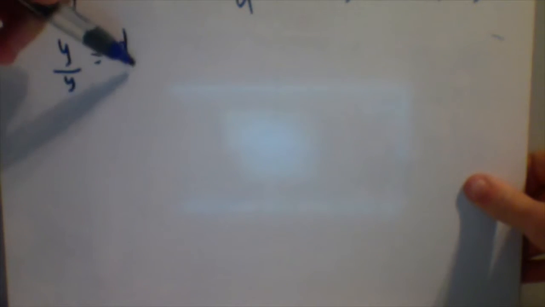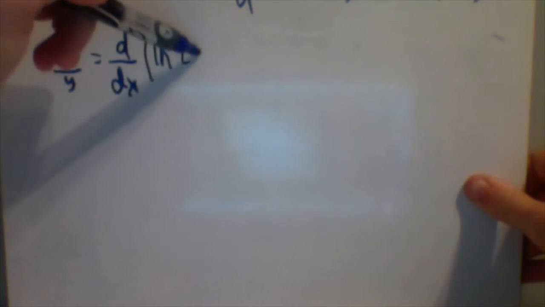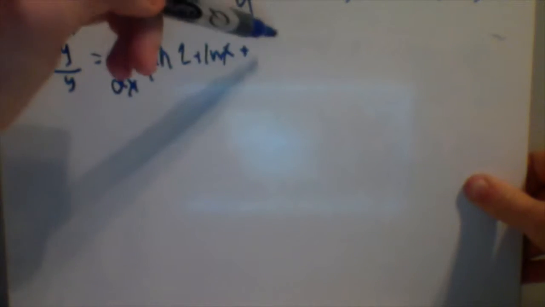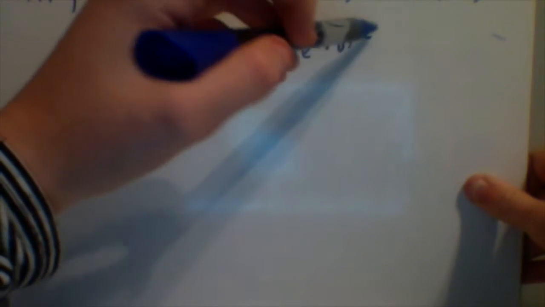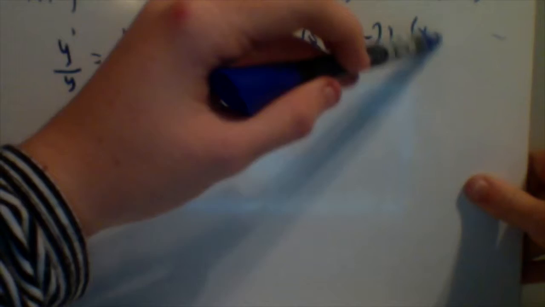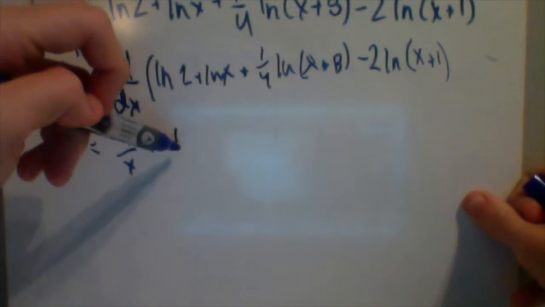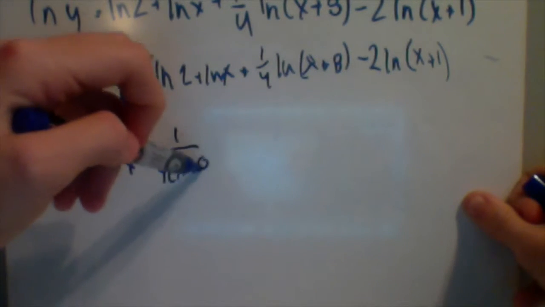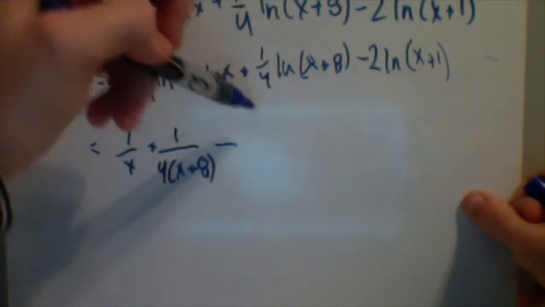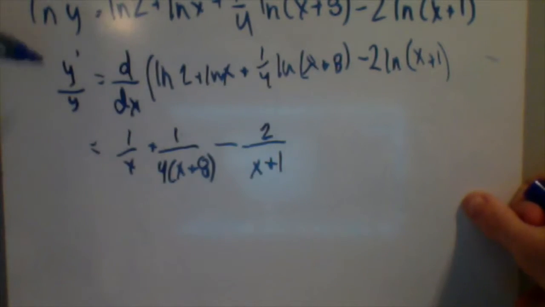Now we differentiate implicitly using the u prime over u for the y part, so we get y prime over y equals the derivative of the expanded right side. Now we just take the derivative of each section of the expanded right side using the u prime over u theorem.